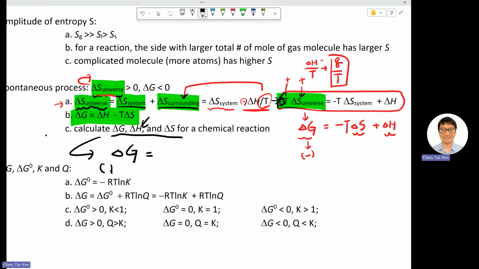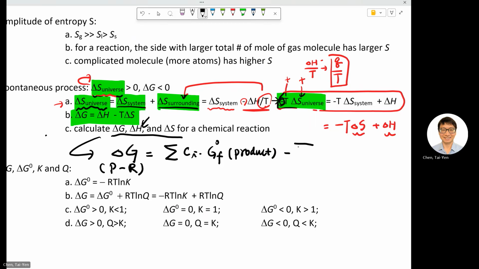So what you need to calculate is the summation of all the delta G naught of your product, coefficient times the delta G naught of formation for every single product that you have, minus the summation of coefficient times delta G naught of formation of your reactant.